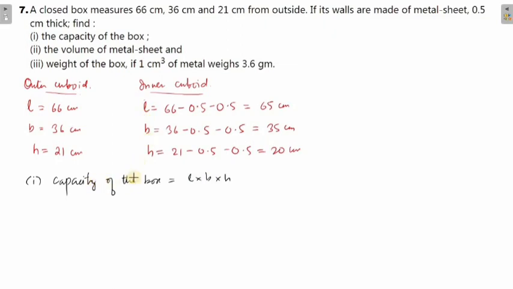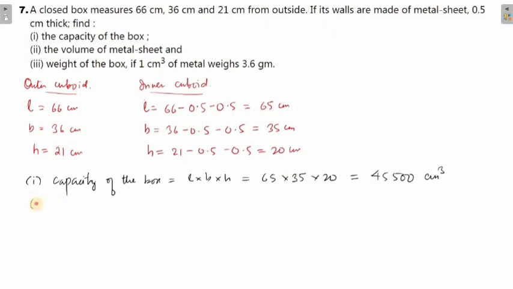Since the capacity of the box is calculated with respect to the inner dimensions, I need to make use of the inner L, B and H. So the answer is 65 into 35 into 20, which equals 45,500 centimeter cube. This will be the capacity of the box.